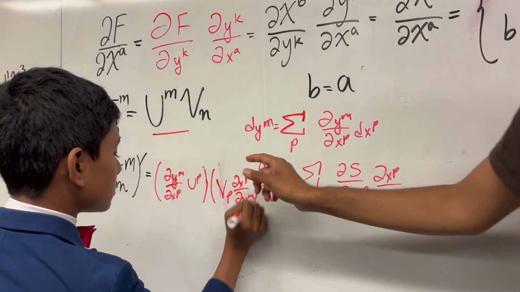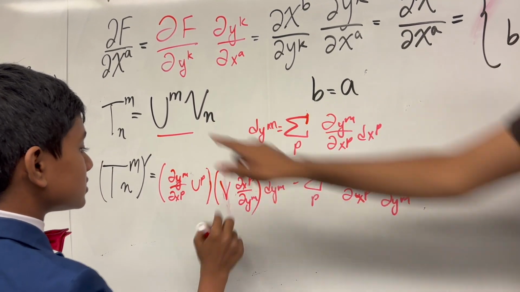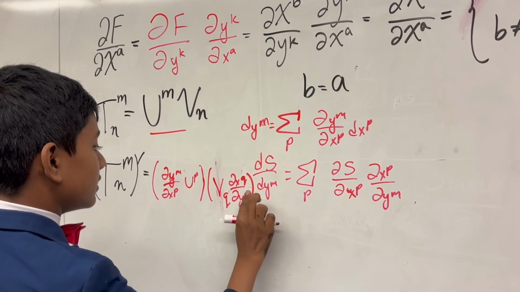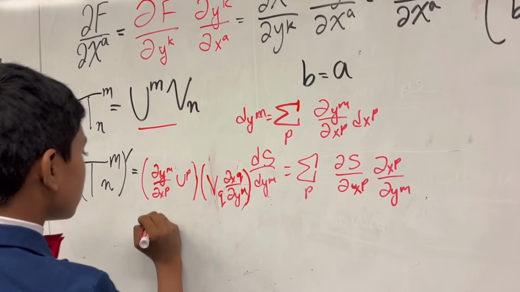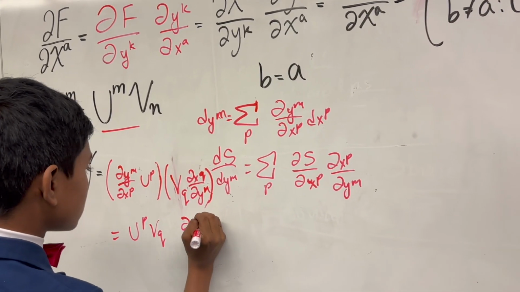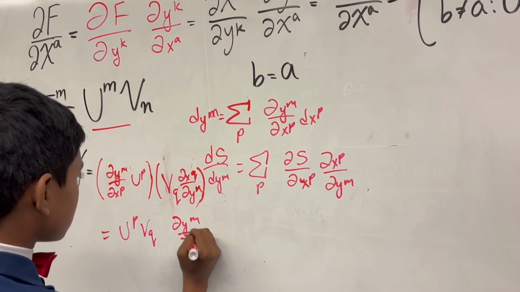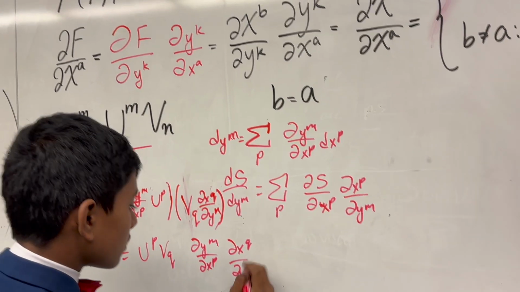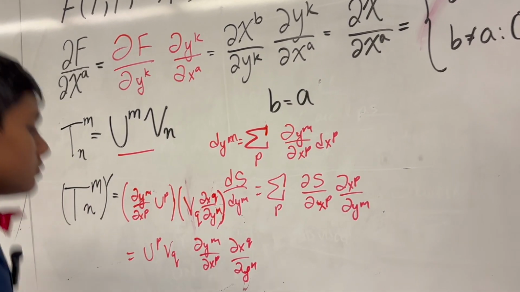Use a different dummy variable here. So do we have this? Perfect. Or in other words, this, partial x q partial y n. Okay, perfect.